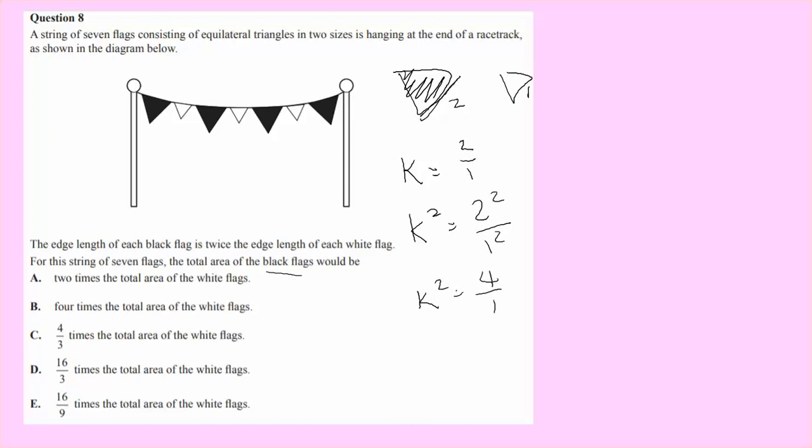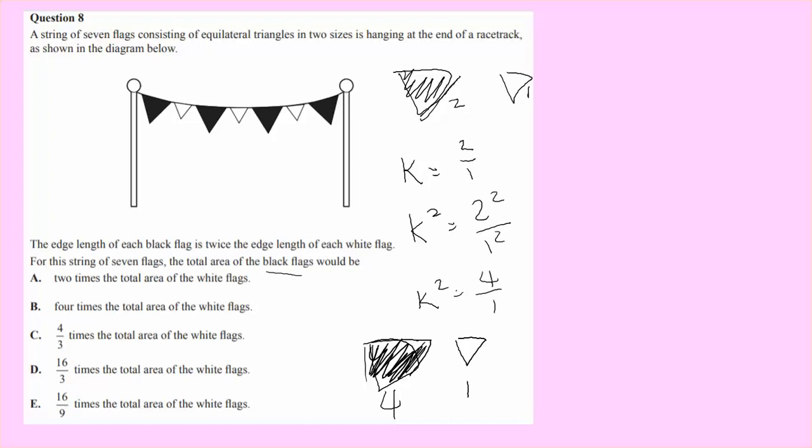So K squared, 4 over 1. So the black flag is 4 times as large as the white flag in area. So I'm going to have a black flag. I'm going to say it has an area of 4. And I've got a little white flag which has an area of 1.